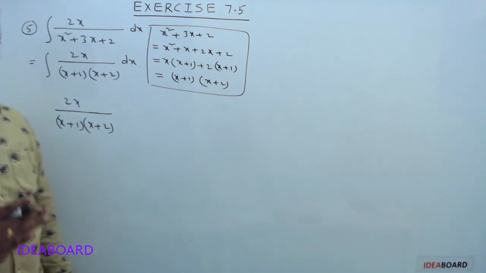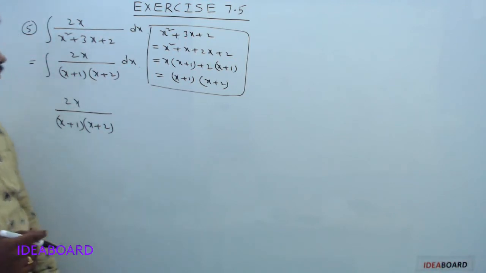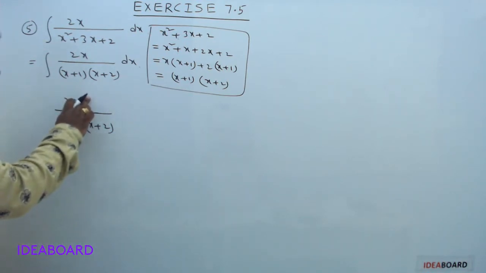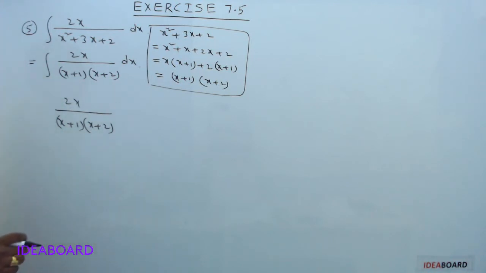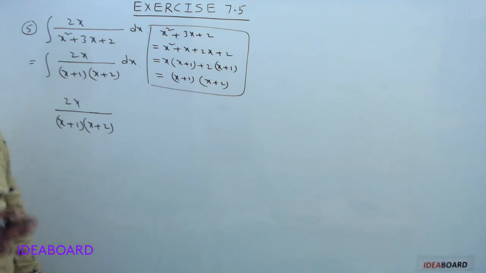Now first we have to check whether the given rational fraction belongs to type 1 or not. Degree of numerator is 1, degree of denominator is 2. So clearly degree of numerator is less than degree of denominator. So it is a proper fraction.